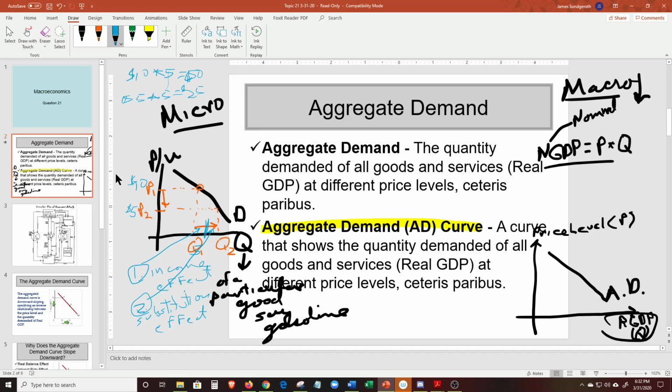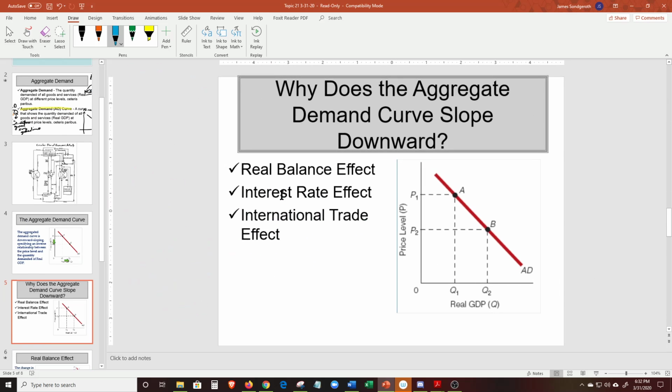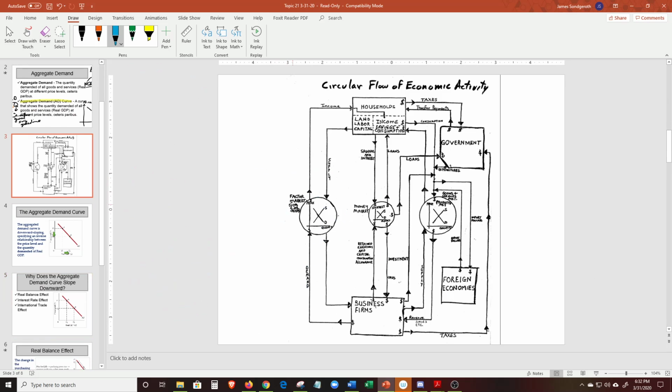And so the total increase in quantity demanded is due to the income effect and substitution effect. So as we get into this and we start describing this aggregate demand curve, we want to probably use some similar arguments as for microeconomics. All right, let's head off to the next one.